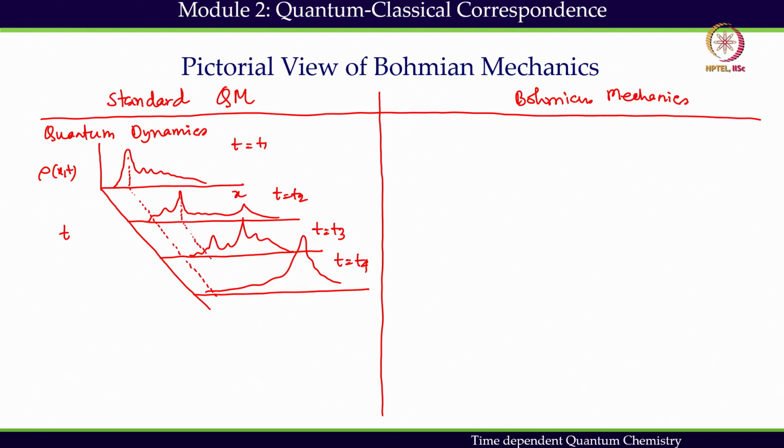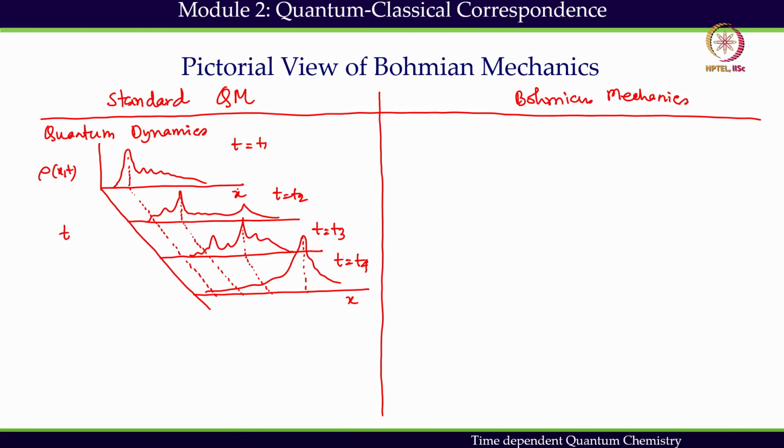These are just for our eye to have a feel how it is changing. This is the x-axis. So, we see that densities are changing, and that is the way we have to represent the quantum dynamics. This is one dimensional in terms of space, in terms of position space.